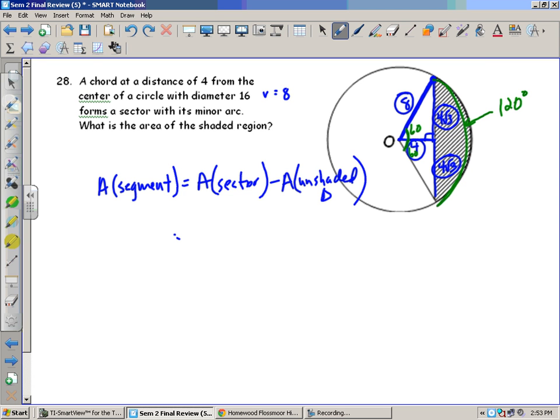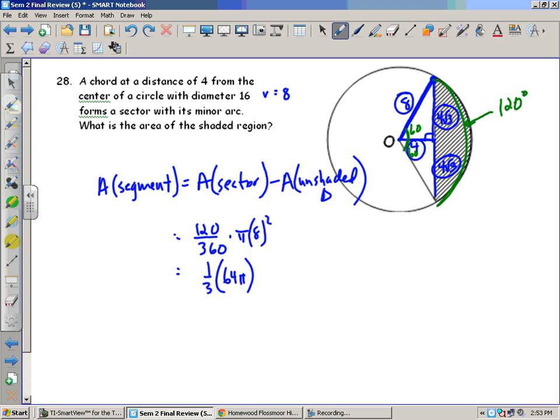Okay, well, the area of the sector has a measure of 120, so it's the fraction of the circle taken up by the sector. So it's 120 over 360 times pi r squared. So that gives me 1/3 of 64 pi.